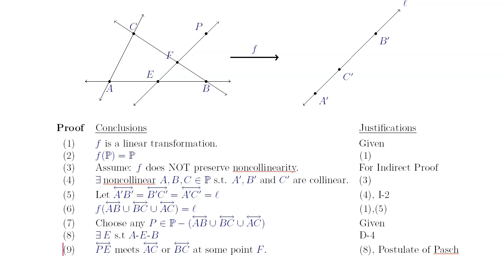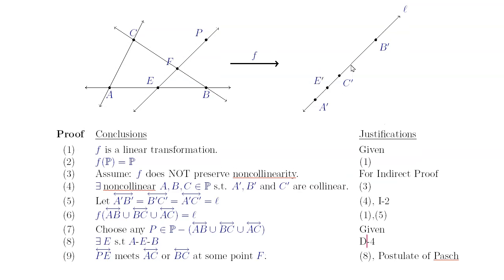With that construction, let's say E is on AB. So E prime is going to be on the line L. And F is on line BC, so its image is going to be on the line as well.